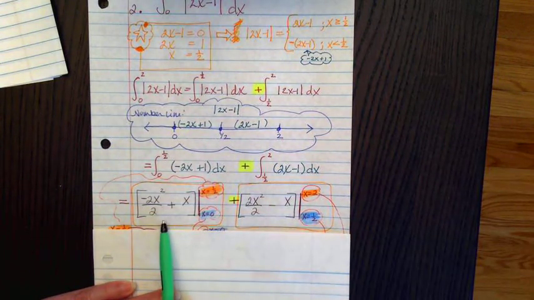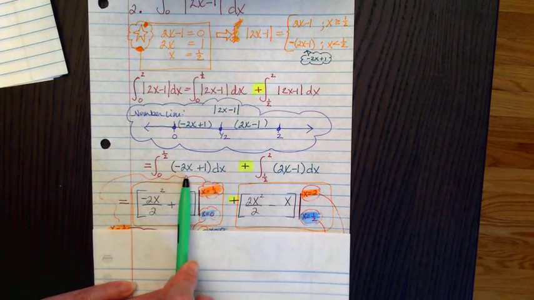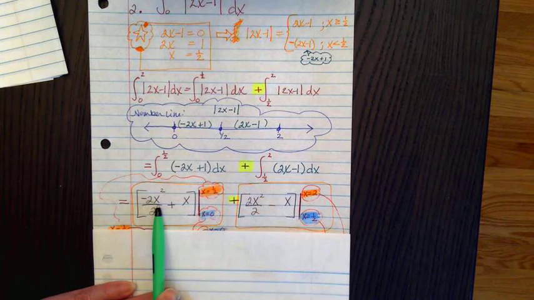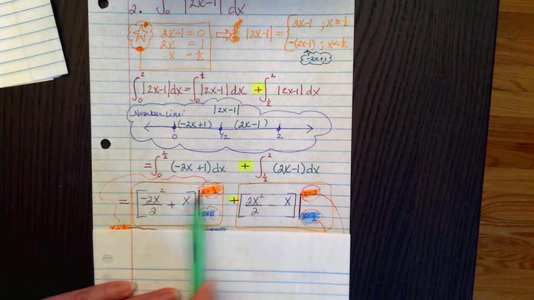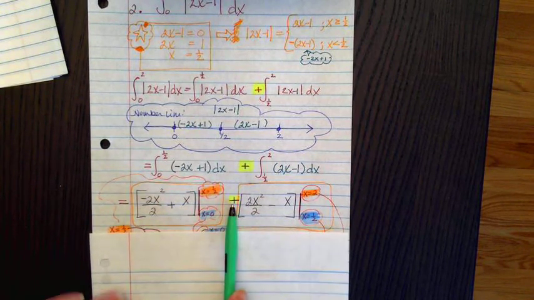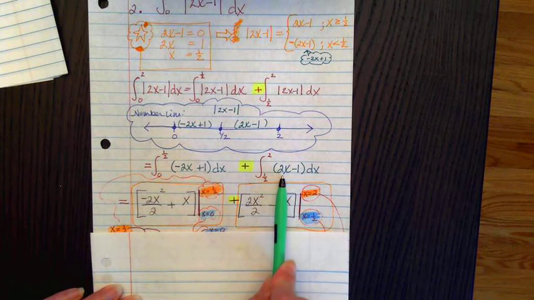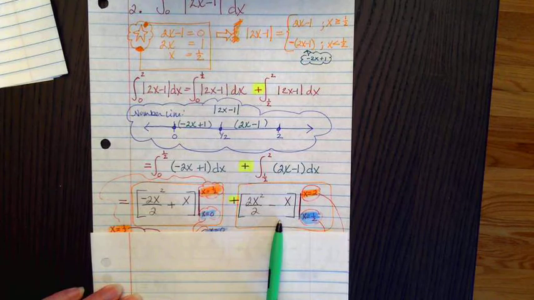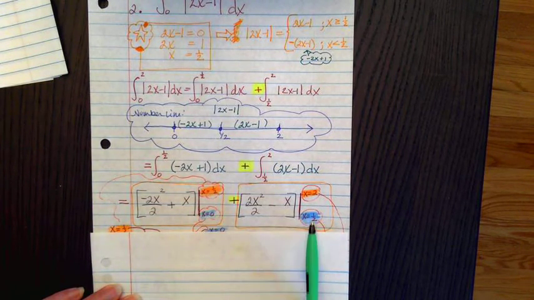So we have the integration of negative 2x plus 1. That's negative 2x to the 1 plus 1 over 2, plus 1 times x to the 1 over 1. And then we're going to add that to 2x squared over 2 minus x over 1. The first one we're integrating from x equals 0 to x equals 1/2. The second, from x equals 1/2 to x equals 2.